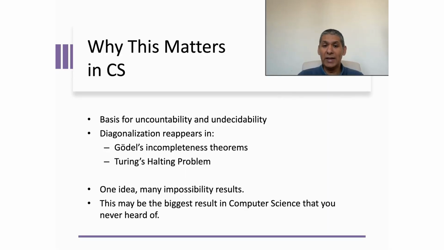So it's one idea that led to many other impossibility results, and this may in fact be the biggest result in computer science that you never heard of, because even if you heard of it, you may have heard of it in mathematics. But again, a profound result by Cantor, and I hope you take something away from it.